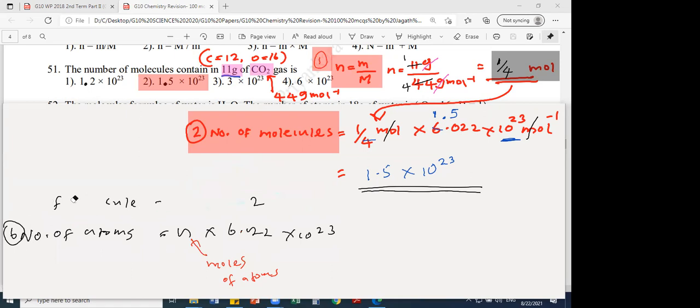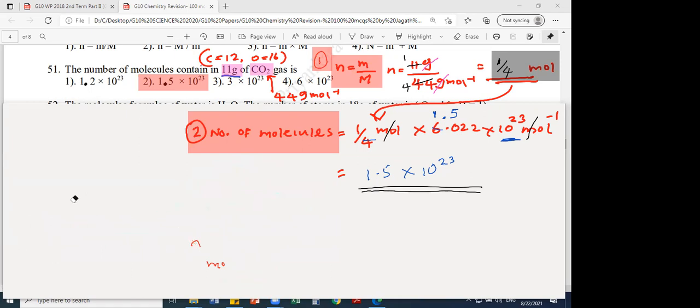Now imagine, if you want, you can find this way also. If I want to find the number of atoms now, we got 1/4 moles of CO2. Or else 1/4 means what? 0.25 moles of CO2. Now, if I want to find number of atoms here, look at the screen, everyone.